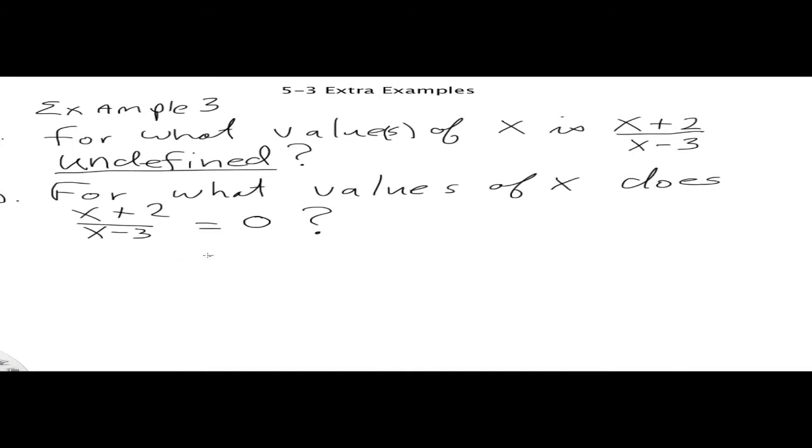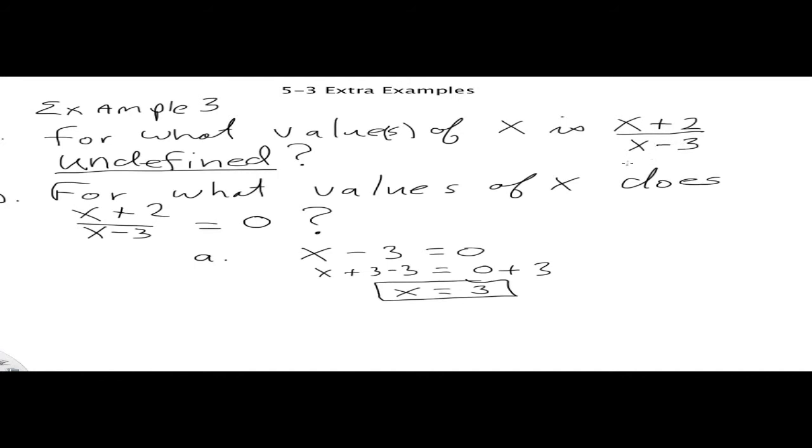So for part A, what we want to find out is when x minus 3 equals 0, I add 3 to both sides. x minus 3 plus 3 equals 0 plus 3. 3 minus 3 is 0, so x equals 3. What we know is if x is 3, then x minus 3 is 0 and the fraction is undefined.